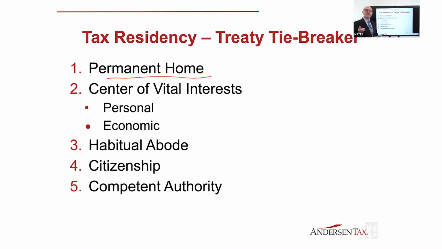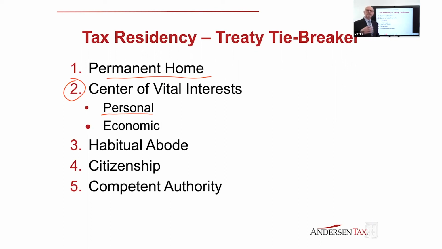If you have a permanent home in neither country or in both, then you go to the next test, center of vital interest. Now, this is an interesting test because it's a two-part test, personal and economic. We'll talk about the personal first. Generally, the personal test is, where is your spouse? Now, if you're not married and not in a relationship similar to marriage, obviously that's not going to count, unless, for example, you have dependent children. I'm not talking about children that you send checks to.